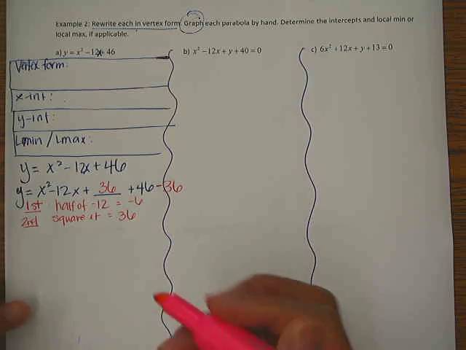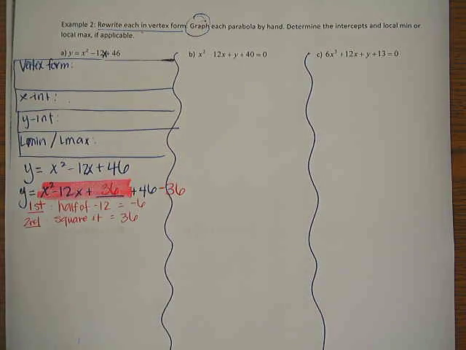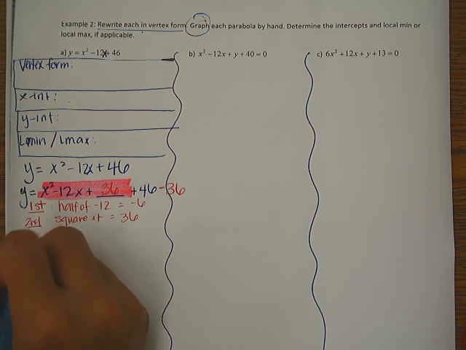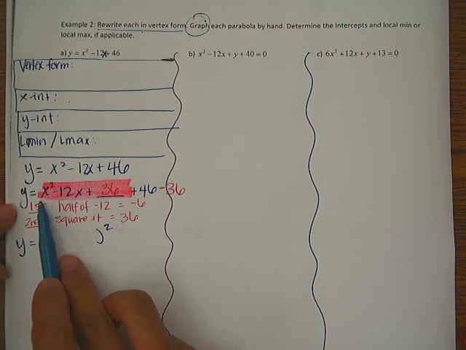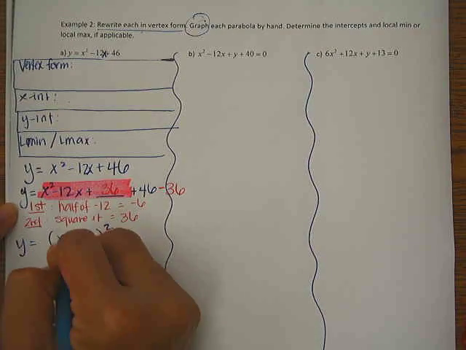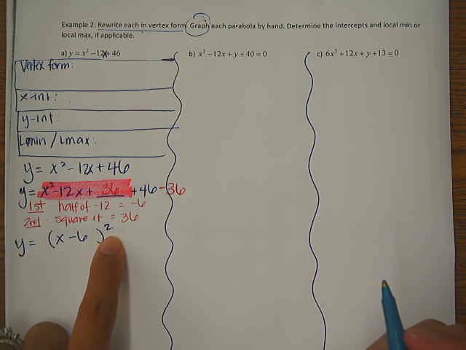So when you factor it out, you would only factor these three terms. See that right there? So now that I'm going to factor out, I have y equals x minus 6 twice, or I can write it as a square term.